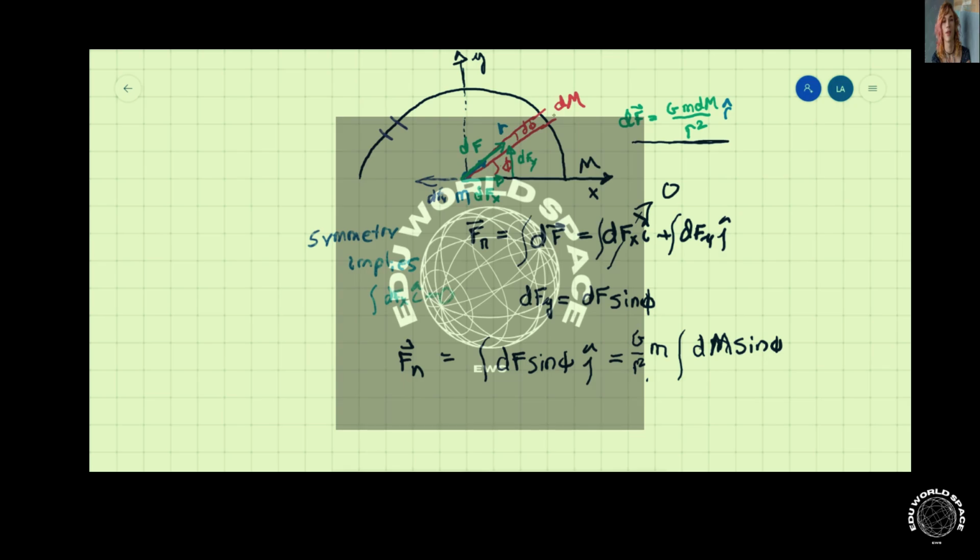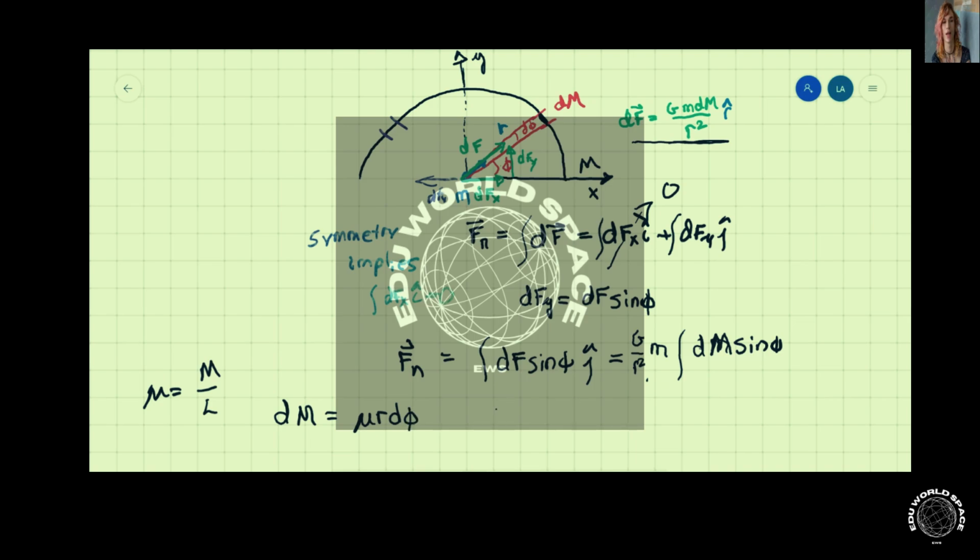Okay, so what is dM? Well, dM is the arc length of a circle. And the arc length is just equal to r times d phi, but it also has mass, so it has units. So if we let mu equal the mass over length, we can write d big M as mu r d phi. That's just a differential piece of mass.